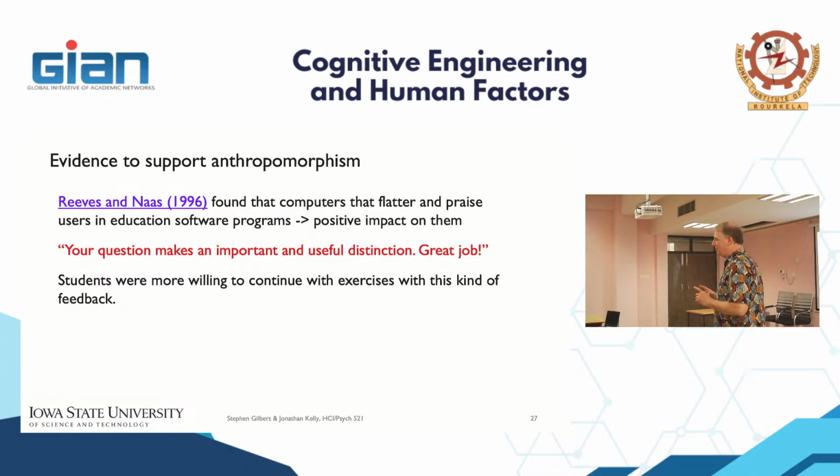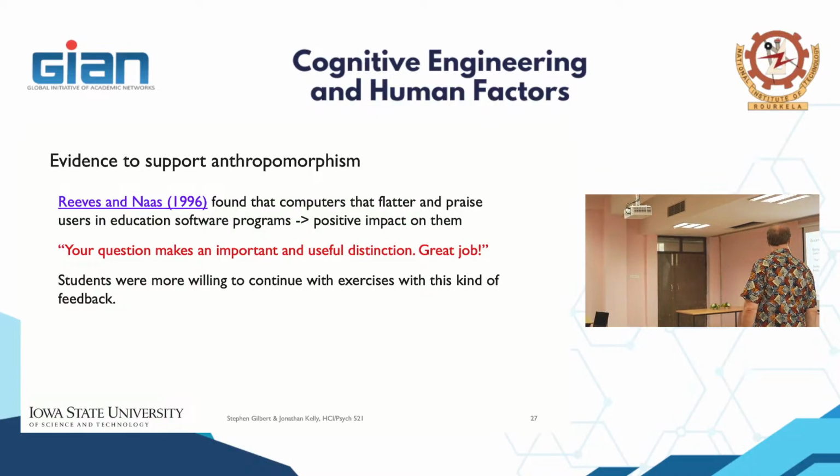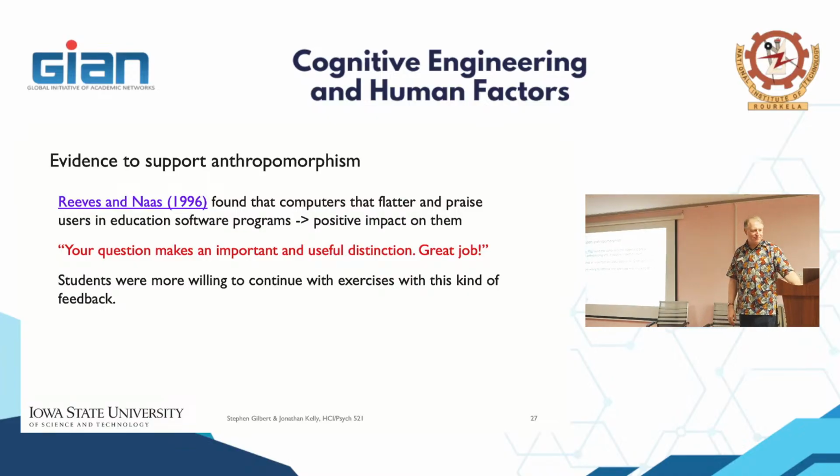He had a book called The Man Who Lied to His Laptop. Why would you feel so emotional about your laptop that you would tell it something that's wrong? He was saying it's going to have a positive impact if you just flatter people, right? So the ChatGPT folks know that.